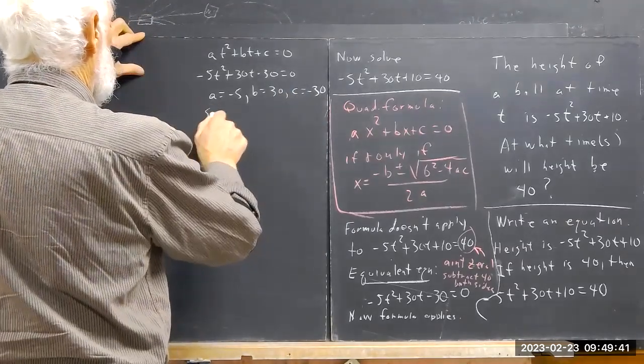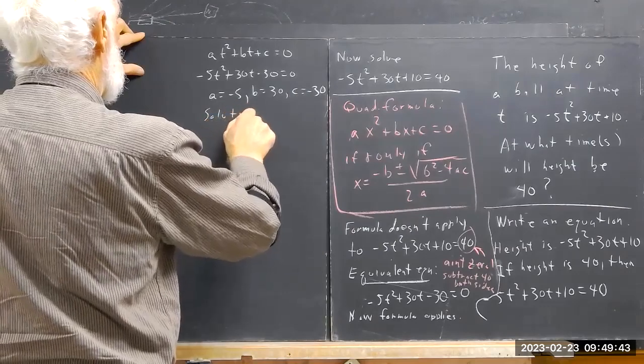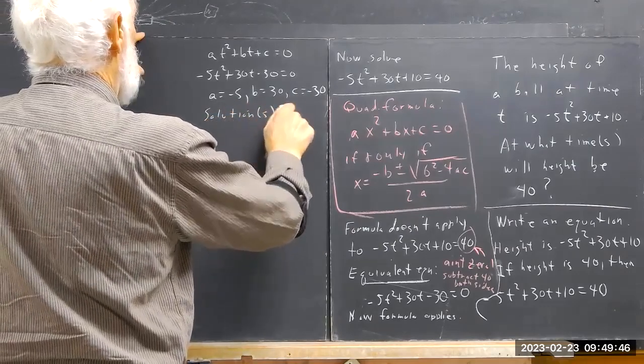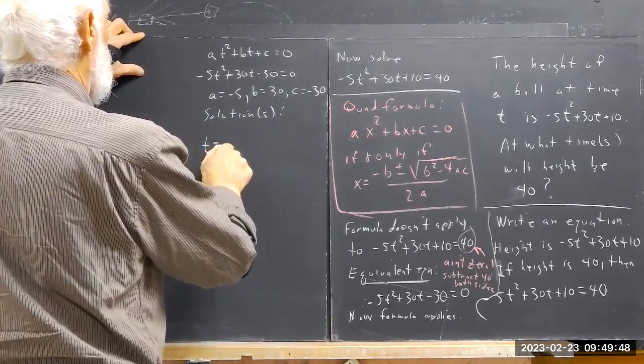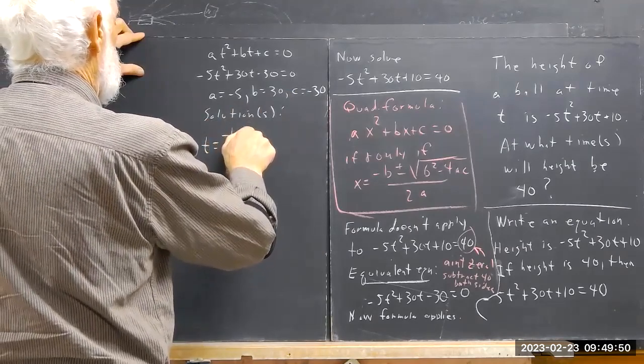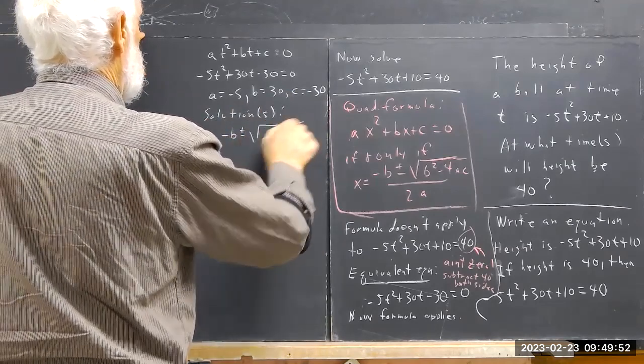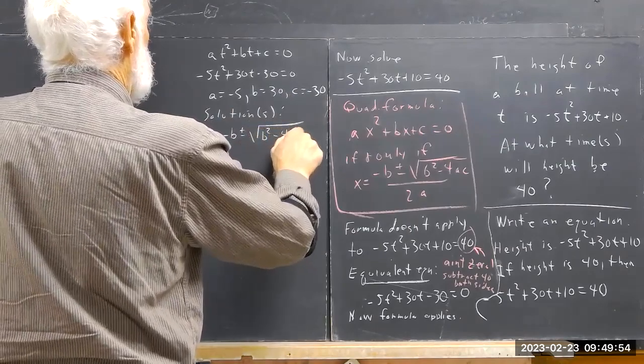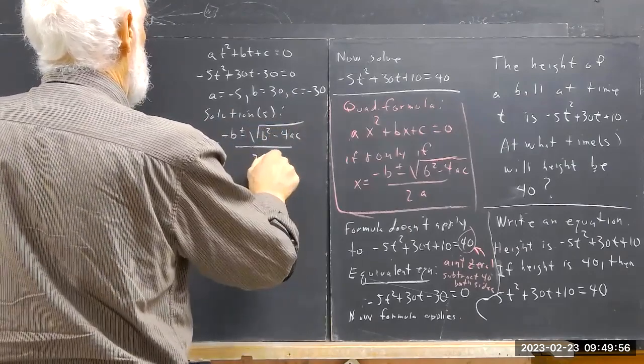So your solutions are t equals negative b plus or minus the square root of b squared minus 4ac, all divided by 2a.